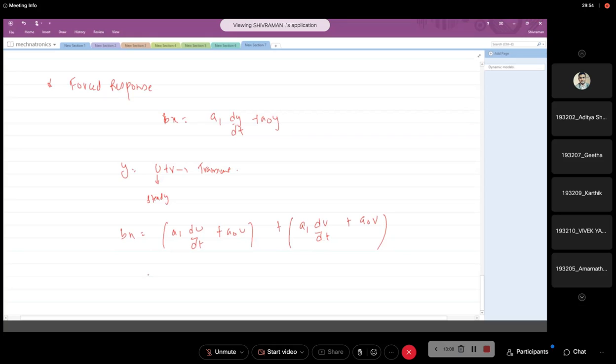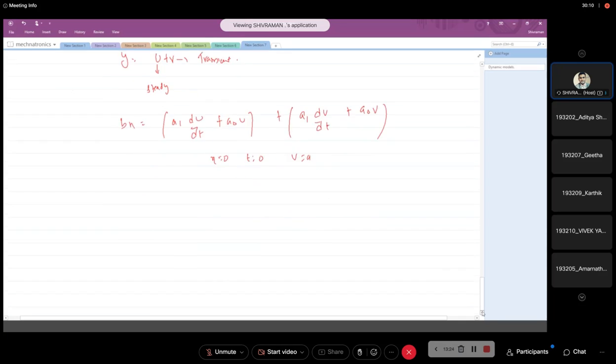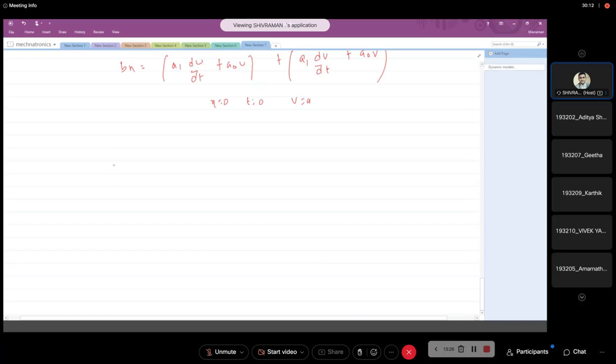Okay, so the derivation for this is not important. You have to consider various conditions here, where at x is equal to 0, t is equal to 0, v is equal to a. But that is not important, that is not relevant for you. But you understand this.